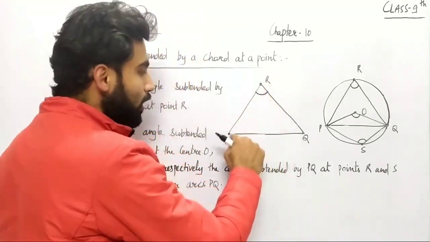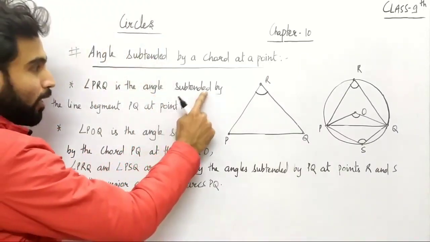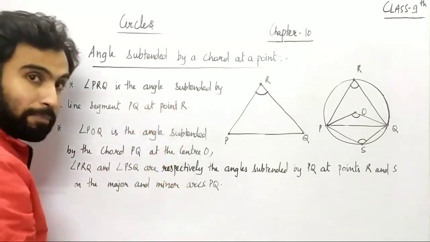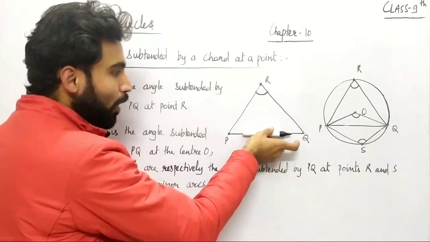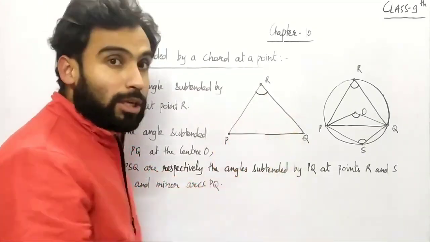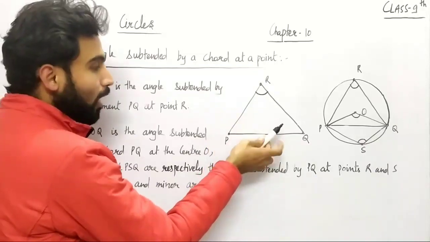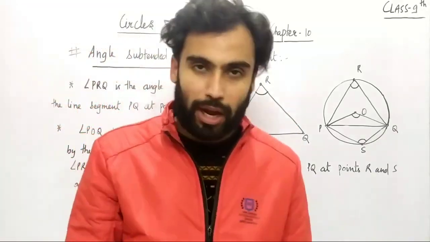So the angle PRQ is the angle subtended by the line segment PQ at point R. Subtend means to make, so the line segment PQ has made an angle PRQ at point R.